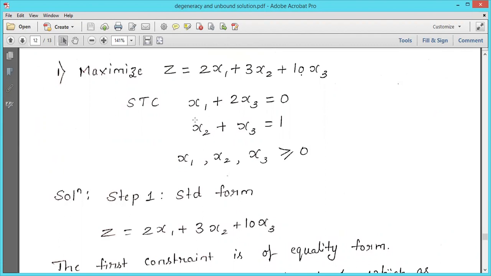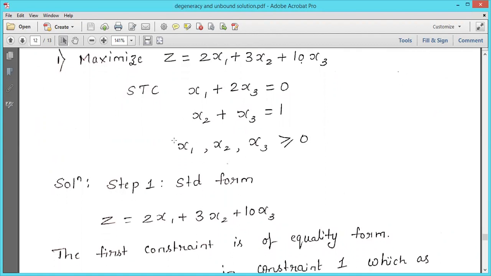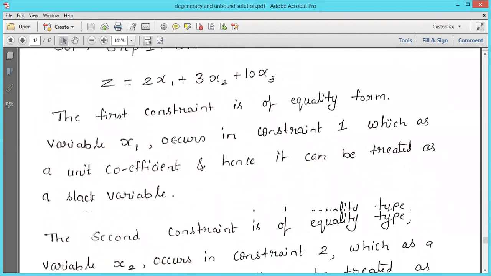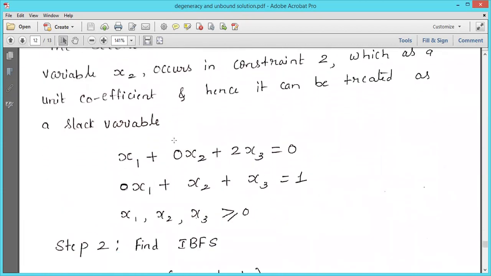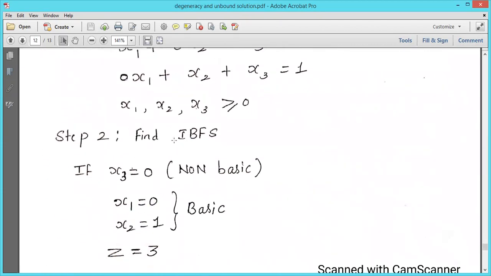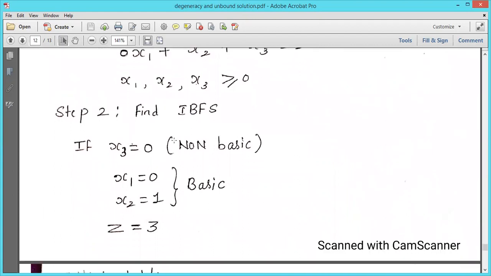So x2 can be treated as a slack variable in the second constraint. So X1 and X2 can be treated as slack variables, which means they are the basic variables. So the only non-basic variable is X3.